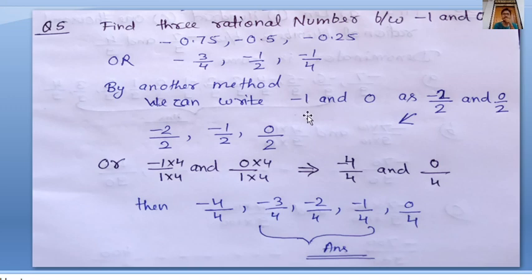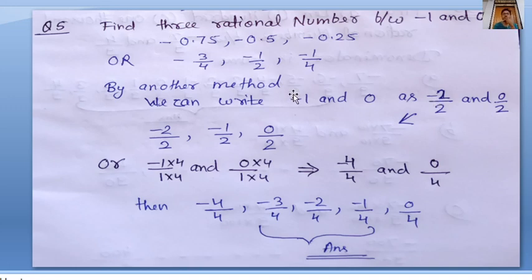Minus 2 upon 2 and 0 upon 2 you can write. Now, you see here, what number can I write between minus 2 and 0? Minus 2 on the left side, then minus 1, then 0. So what number can come here? Minus 1 by 2 only. But how many do you need to insert here? 3.